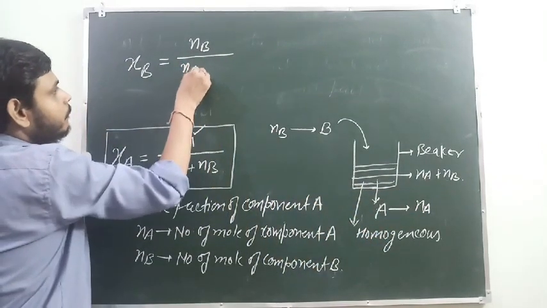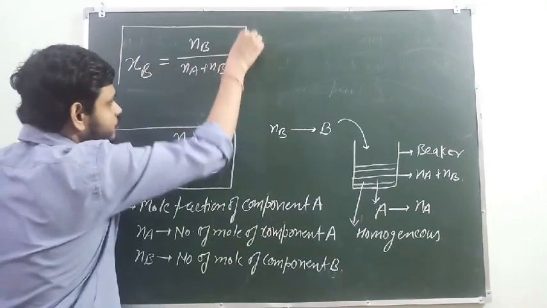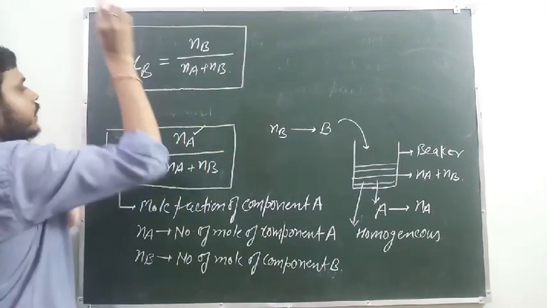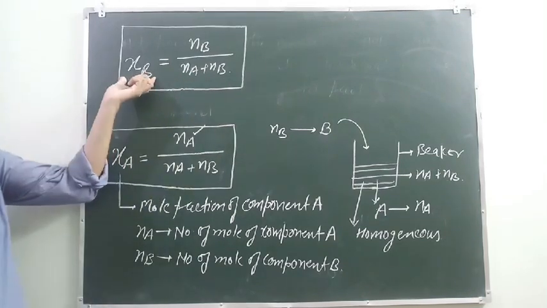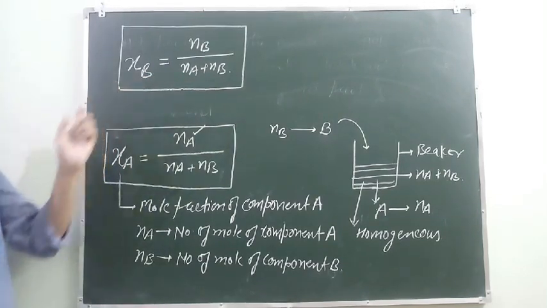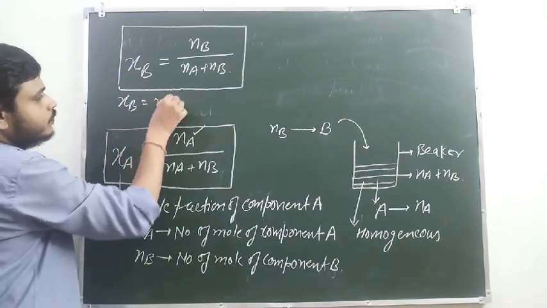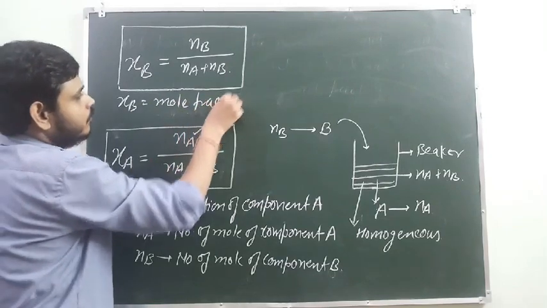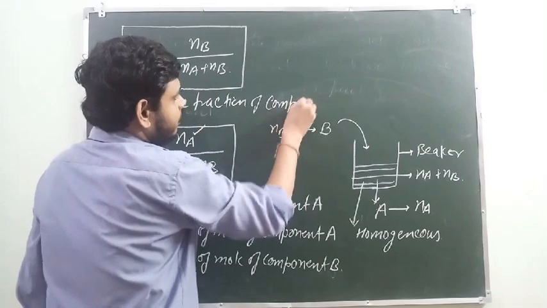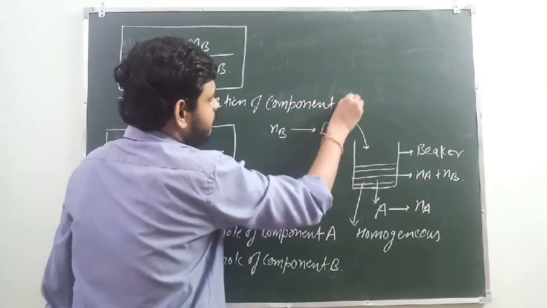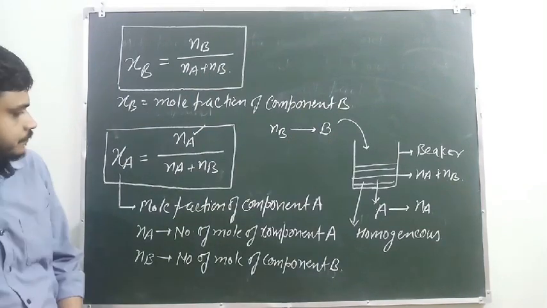So Na plus Nb is the total number of mole present in the solution. And by using this formula, we can calculate the mole fraction of component B. This is the mole fraction of component B. Clear?